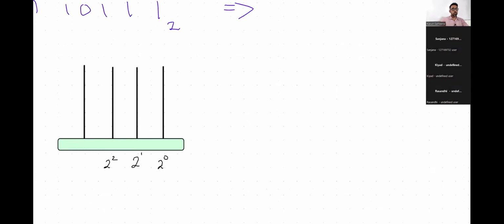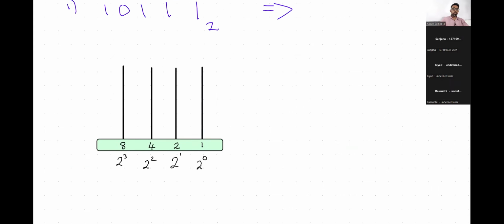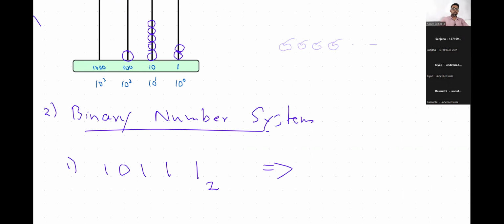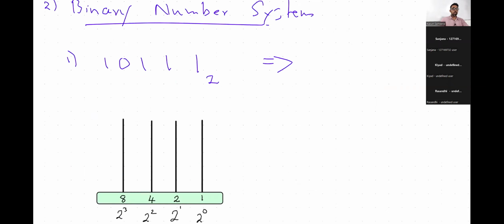And what are the values of the 1, 2, 4, 8, and so on? Okay. It's the same scenario. We are using 10 to the powers because the base number is 10 in decimal. We use 2 to the powers because the base number of binary is 2.